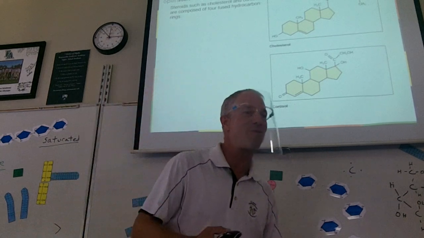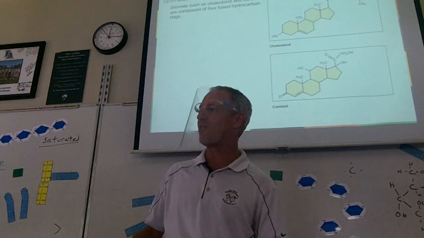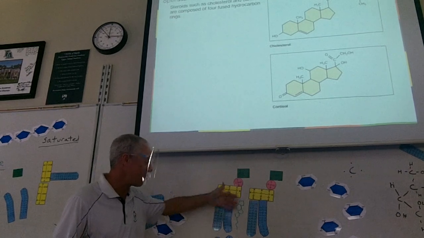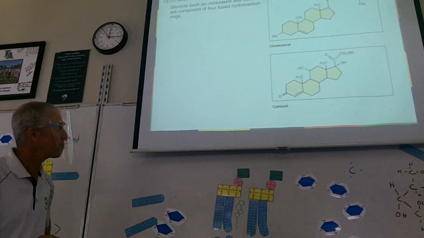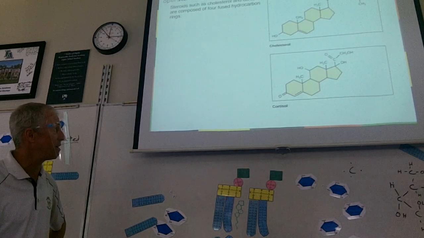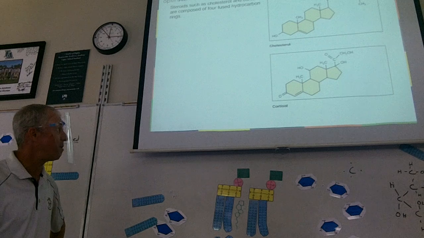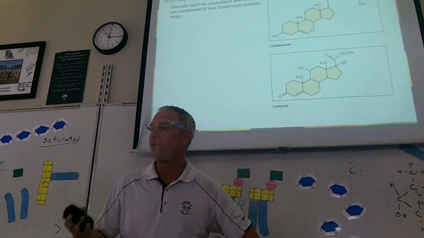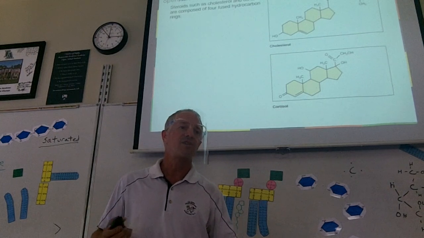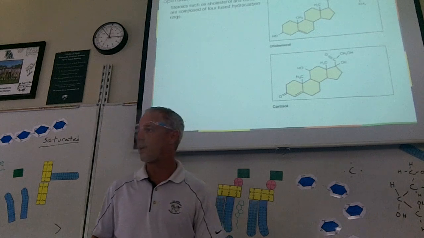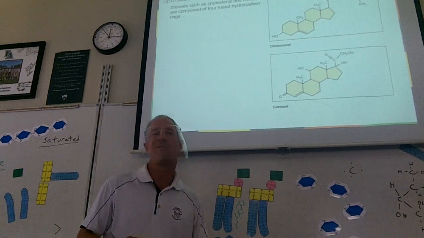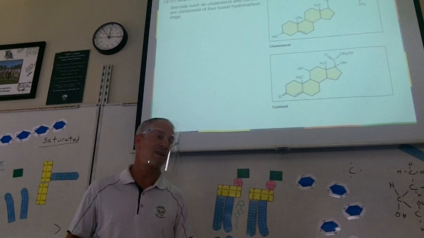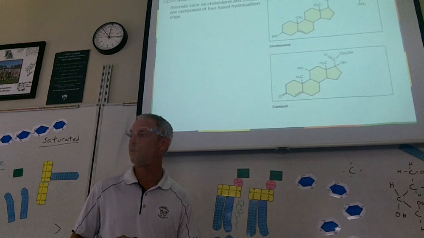Animals have cholesterol, but plants don't in their membranes. And so cholesterol, if you get too much of it, can clog up your arteries and cause high blood pressure and be bad for you. You'll have to check your cholesterol whenever you go to the doctor when you get older. Right now, you probably don't have a problem with it because you're young and active. And most people who are young and active don't have cholesterol issues. But once you get old like me, you've got to get your cholesterol checked. It might be too high. Is mine too high? No, perfect.